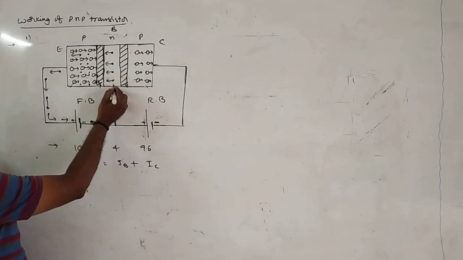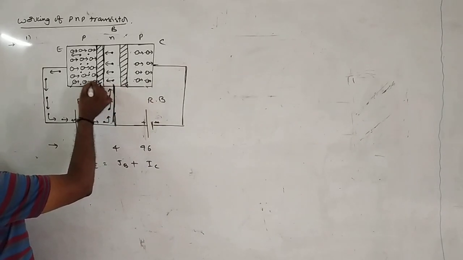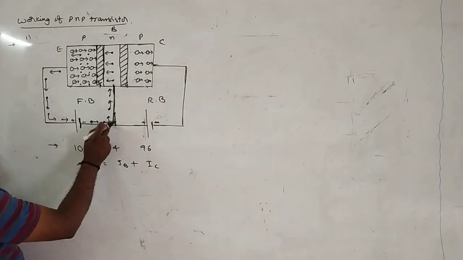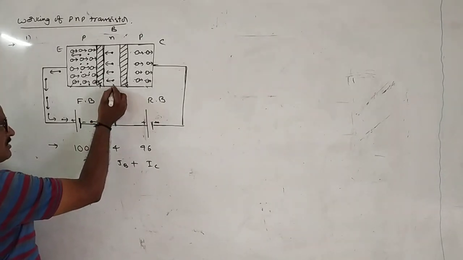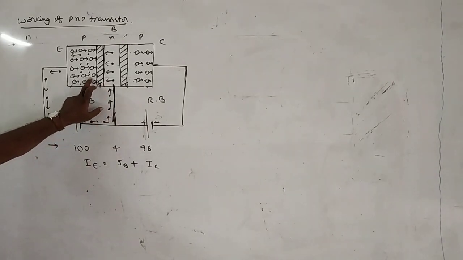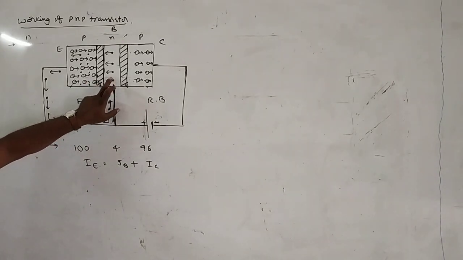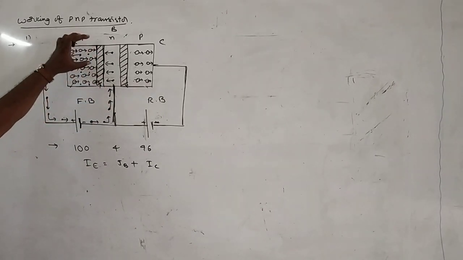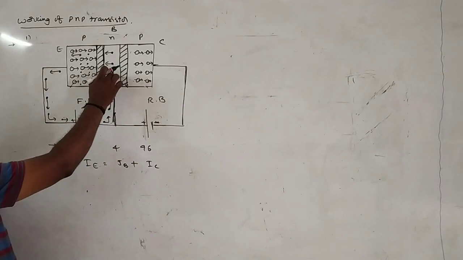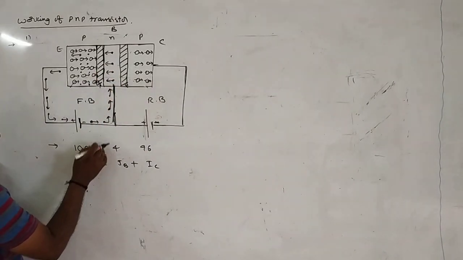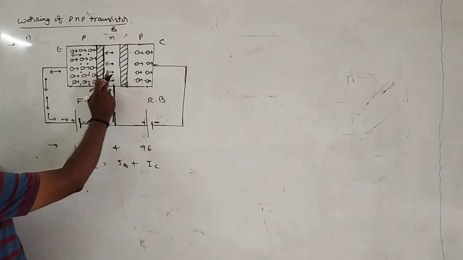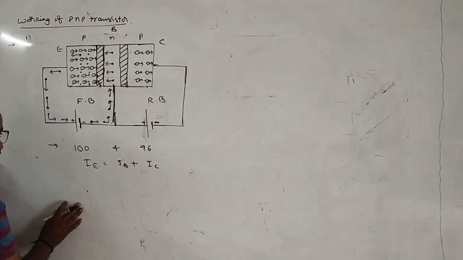Again, these electrons move towards the p-type semiconductor, crossing over the PN diode, and while moving through this region, they can break some of the covalent bonds, both in n-type and p-type. Suppose here a covalent bond is broken. One electron and one positive charge hole are generated. The electron can move towards the p region and the positive charge hole can move in this direction.